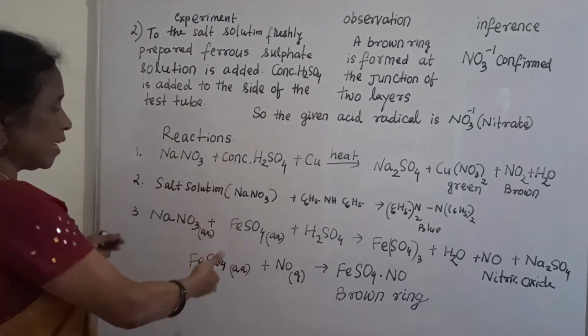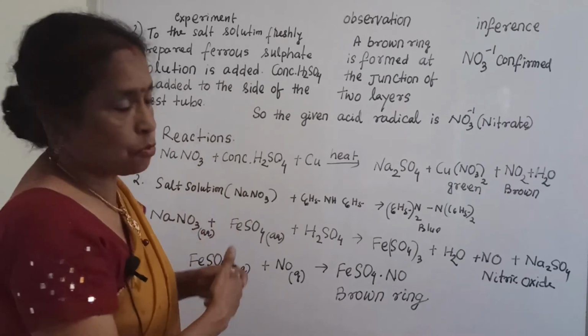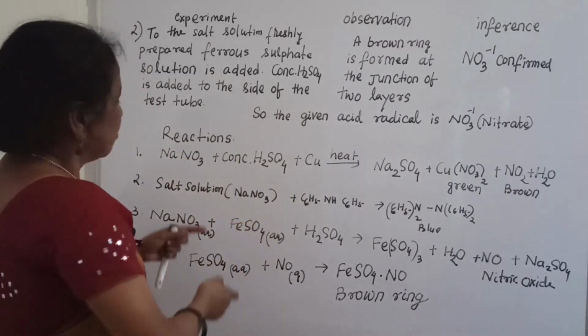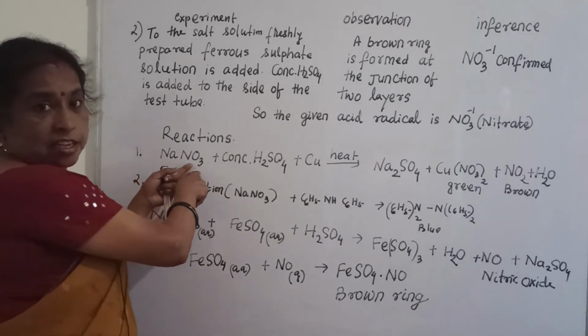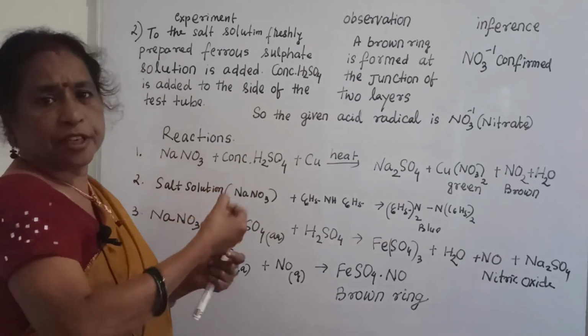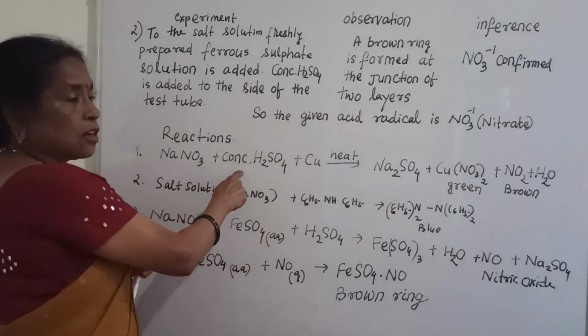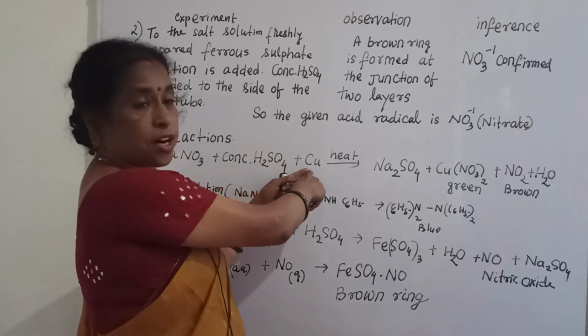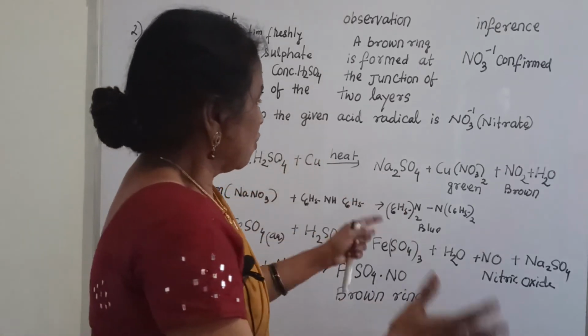So you write the reaction, you observe the reaction, what happened. Let us say the salt is sodium nitrate, because the radical is nitrate, NO3 minus 1. That is why I have written here NaNO3, concentrated sulfuric acid. Then you add copper turnings, then heat it. Then what happens?